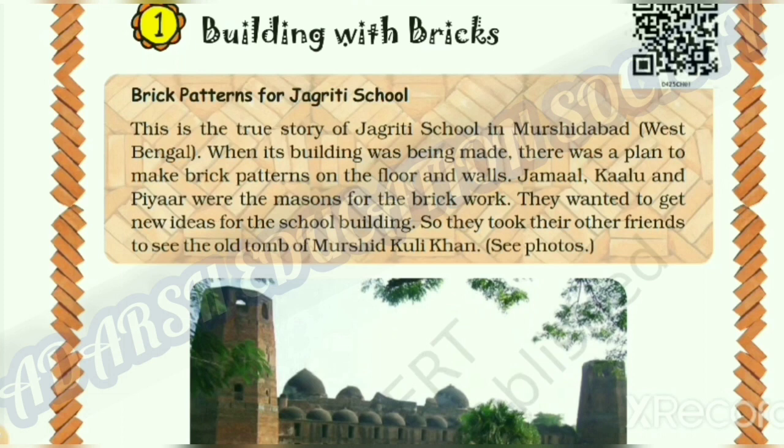When its building was being made, there was a plan to make brick patterns on the floor and walls. Jamal, Kalu and Pierre were the masons for the brickwork. They wanted to get new ideas for the school building, so they took their other friends to see the old tomb of Murshid Quli Khan.